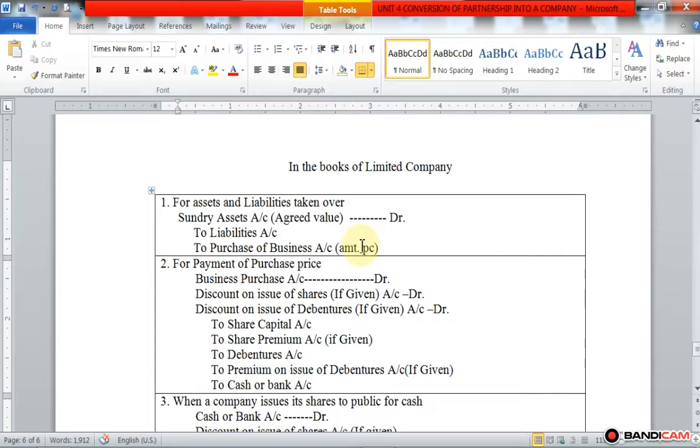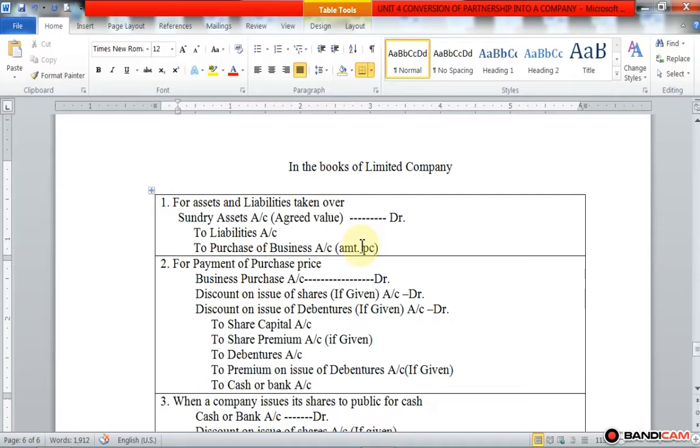So sundry assets taken over by the company are debited, liabilities taken over by the company are credited, at agreed value. Agreed value means the agreed value of assets and liabilities taken over by the limited company, and then to Purchase of Business, that is the amount of purchase consideration.